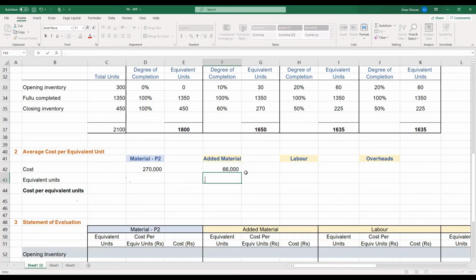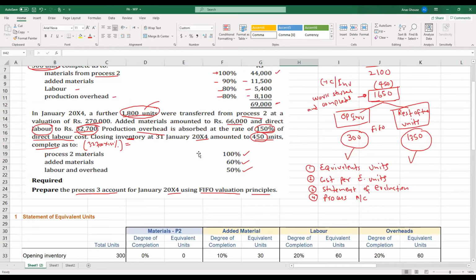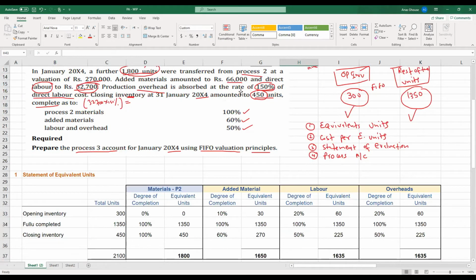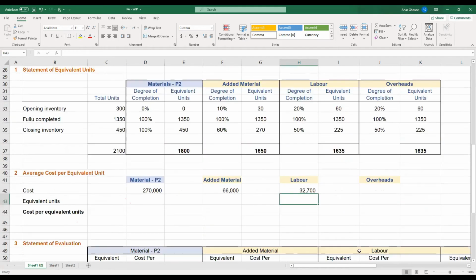Labor is given as 32,700. Overhead cost is absorbed at the rate of 150% on direct labor cost, so 32,700 absorbed at 150% will be 49,050.